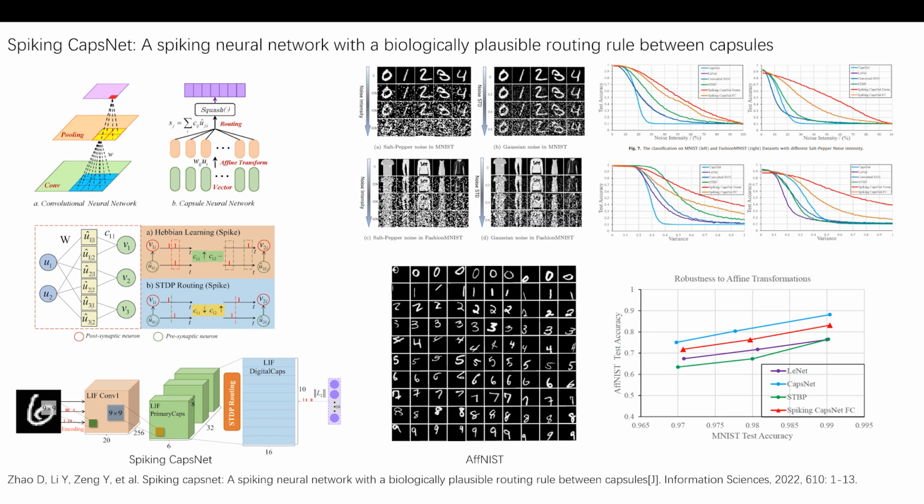To compare the robustness to affine transformation more fairly, we follow the same early stop operation. We stop training the model when the training accuracy achieves 97, 98, and 99%, and test it on the affine test dataset respectively. As shown in the figure, our Spiking CapsNet achieves a higher performance compared with the spiking convolutional neural network and the convolutional neural network.